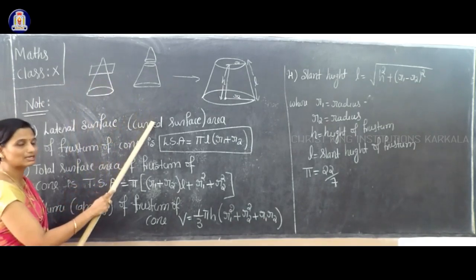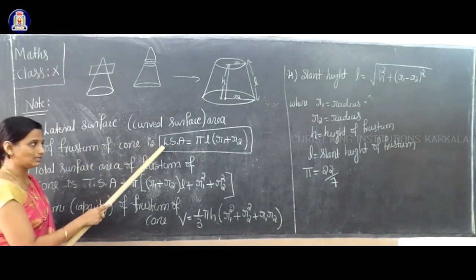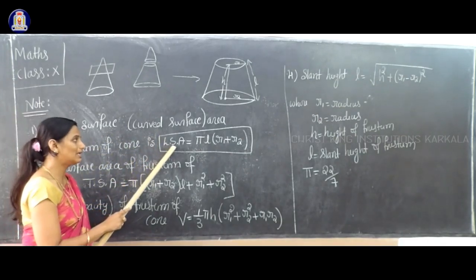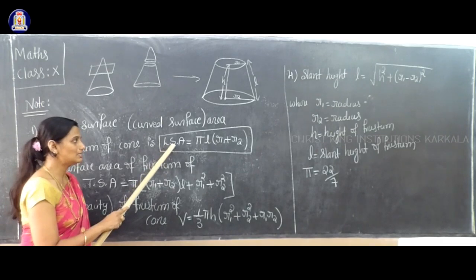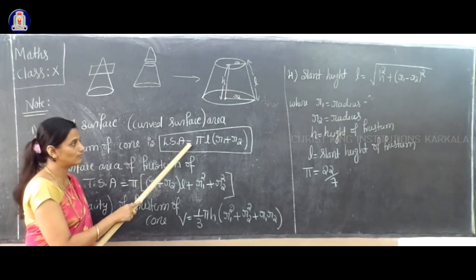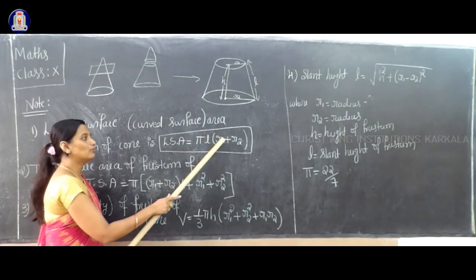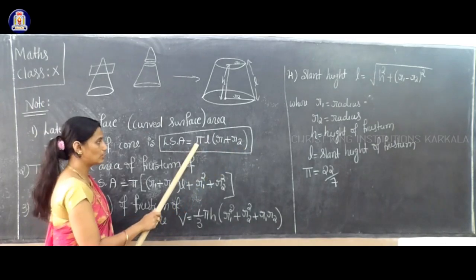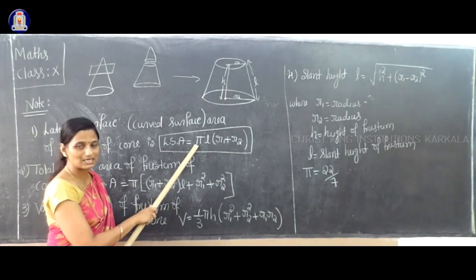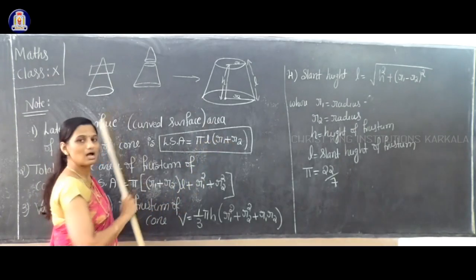What is the formula for lateral surface area of frustum of cone? That is LSA, means lateral surface area of frustum. The formula is given by pi L (R1 plus R2). So the formula for lateral surface area of frustum is pi L (R1 plus R2).